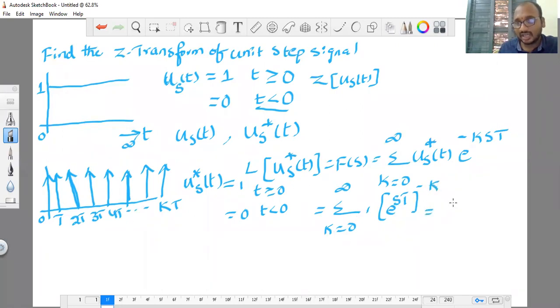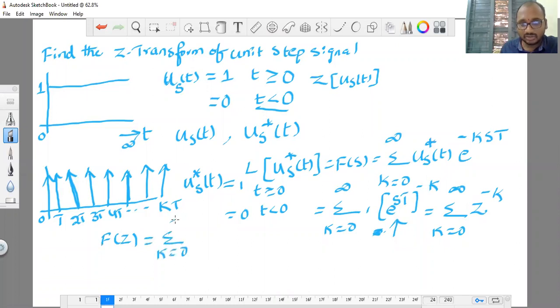Finally, we get the expression as sigma k equals 0 to infinity into e power st. We are substituting the transformation z equal to e power st. Substitute z equal to e power st, then you get the Z transform value, so e power st as z power minus k. So finally we get the F of z function equal to sigma k equals 0 to infinity z power minus k.